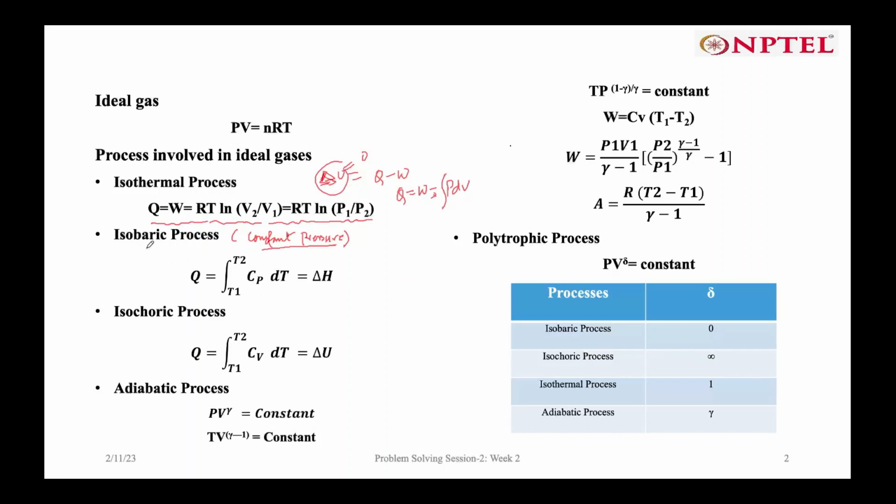It is a constant pressure process. We can write dq is equal to Cp dT at constant pressure. This is the PdV.